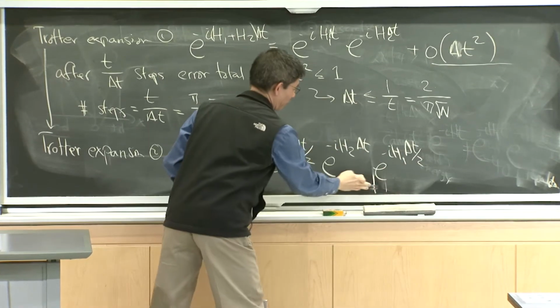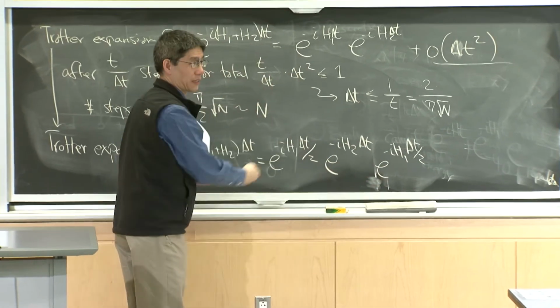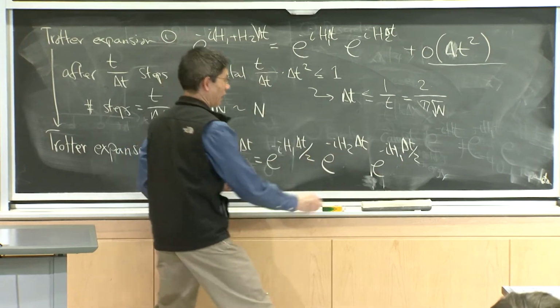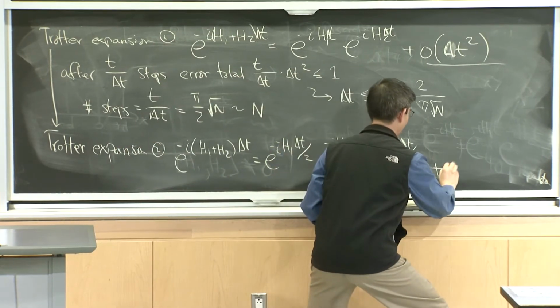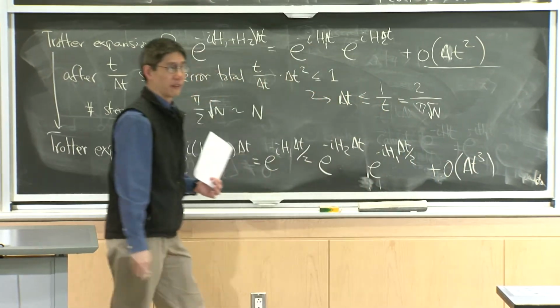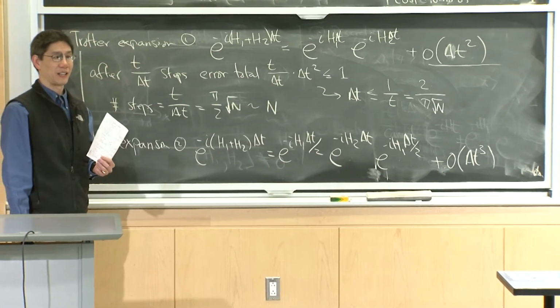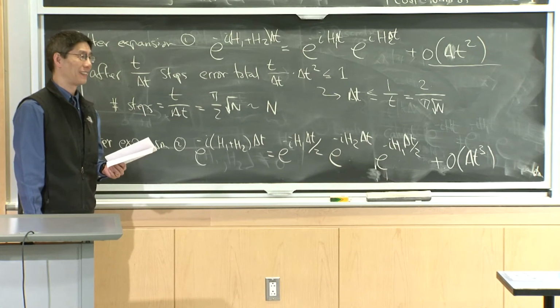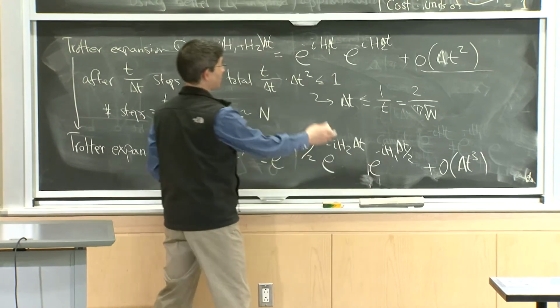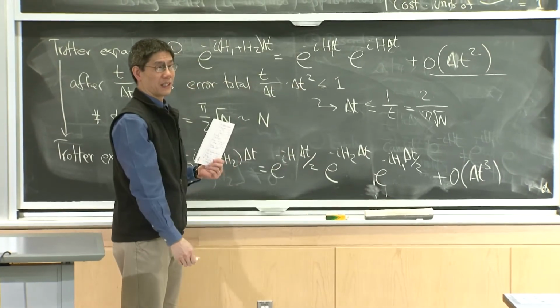Of course, you should be reading this from right to left, but what I said is still true. I do half, full, half. And if I split like this, the neat thing is that I reduce the error to third order instead of being second order. Okay, that's kind of clever. And the cost is now that I have to do 3 slivers instead of 2 slivers.